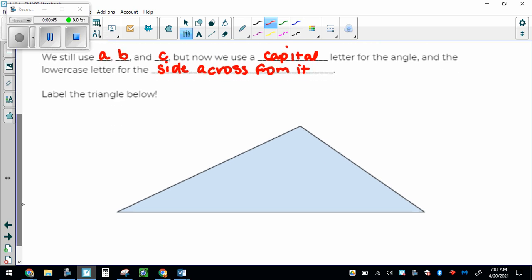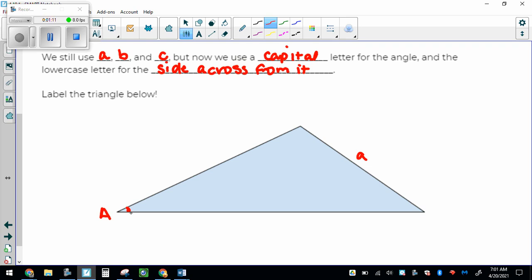If we've got any triangle, I can put A, B, and C anywhere I want. So let's say that I put A here. Since it's a capital letter, it's talking about that angle. And the side across the triangle is going to be the lowercase. So little a is this whole side, capital A is this angle.